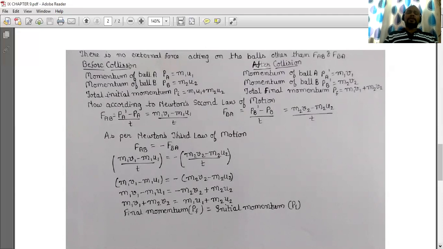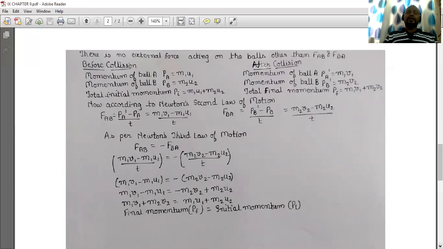As per Newton's third law of motion, action, FAB, is equal in magnitude to the reaction FBA but in opposite direction, which is denoted as FAB equal to minus FBA. Substituting its magnitude from the earlier content, we get m1v1 minus m1u1 upon t is equal to minus sign in bracket m2v2 minus m2u2 upon t.